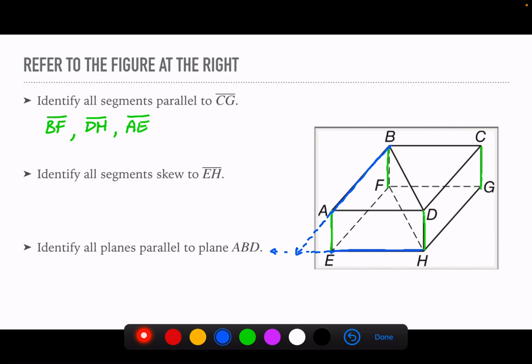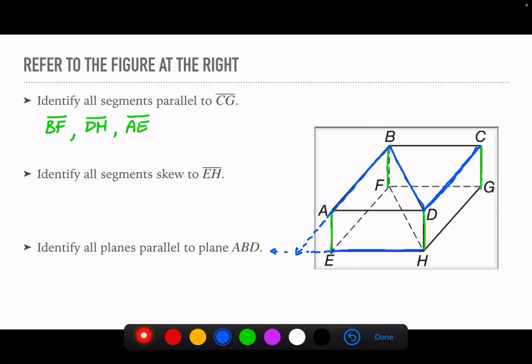We can kind of play around with this in class. We can also say that this line is never going to touch EH. And same with this line. Now we can't say AD, we can't say BC or FG.